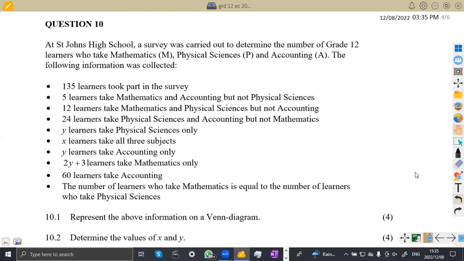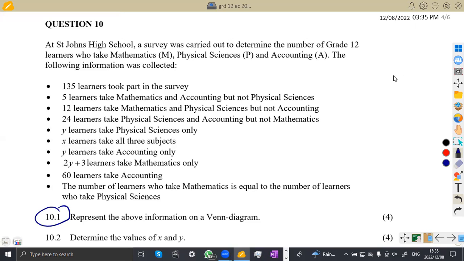So the question is 10.1: represent the above information on a Venn diagram. When you are answering these typical questions, we've got 3 sets. Try to check if there is an intersection of all the 3 sets.